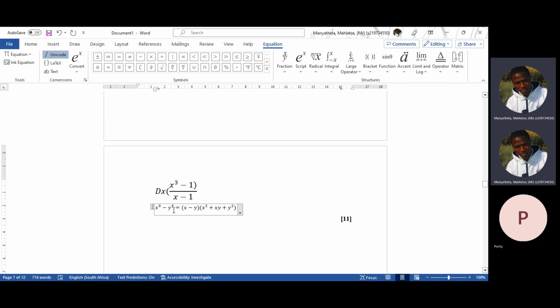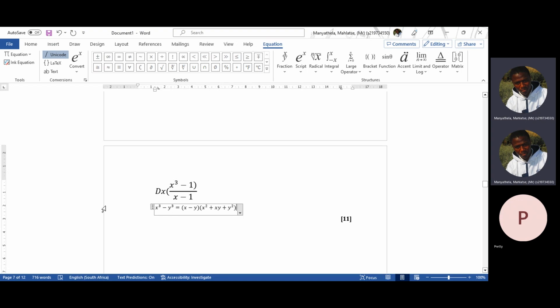So x cubed minus y cubed is equal to (x minus y) into (x squared plus xy plus y squared). We can even prove it. (x minus y) into (x squared plus xy plus y squared).